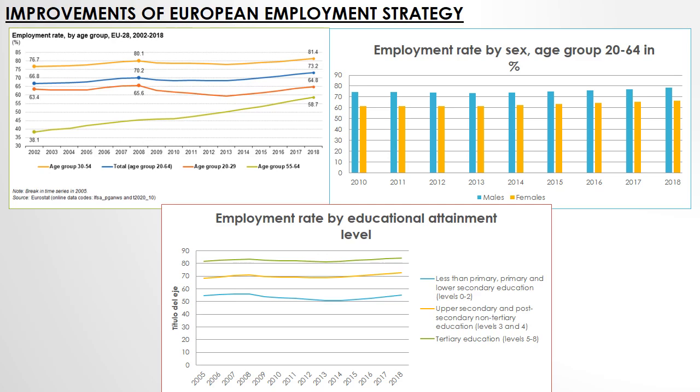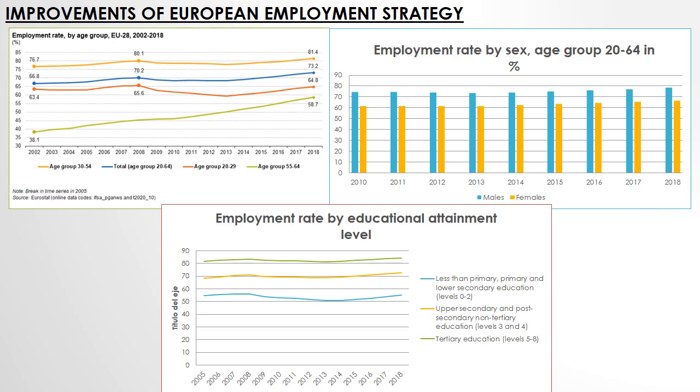In terms of employment rate by sex, for females it increased from 61% in 2010 to 65% in 2018, and for males, the employment rate moved from 73% in 2010 to 79% in 2018.